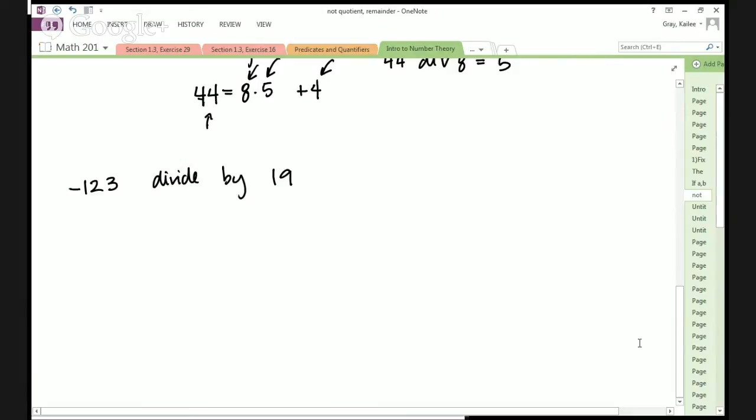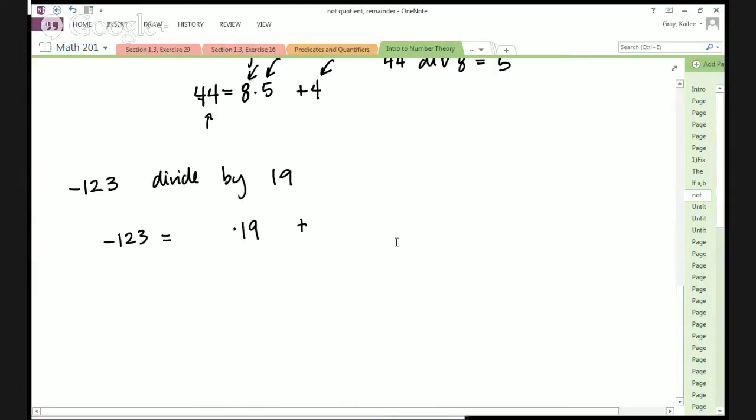So I know that I want to rewrite negative 123 as some multiple of 19. For sure, my quotient is going to be negative, but I want my remainder to be positive.